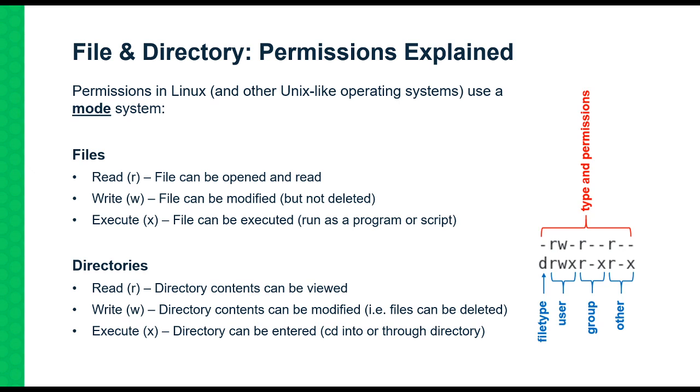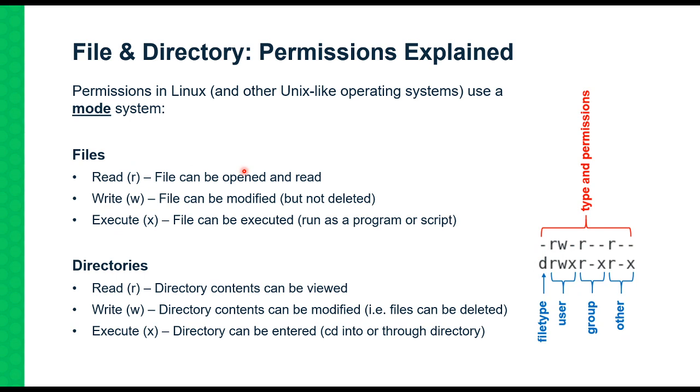Permissions in Linux and other Linux-like operating systems use the mode system. When we look at our permissions, we look at our file and directory permissions. Remember, we had all the types of files previously, those 7 types of files and directories. Now we're going to look at how we can give them the right type of permissions. The type of permissions we get is the r permission for read.